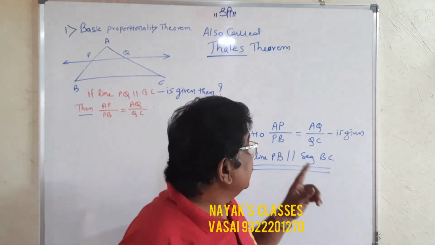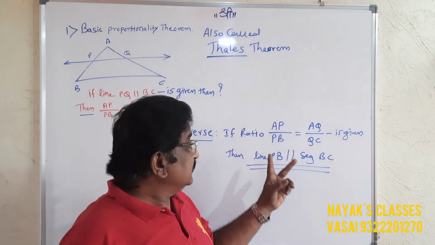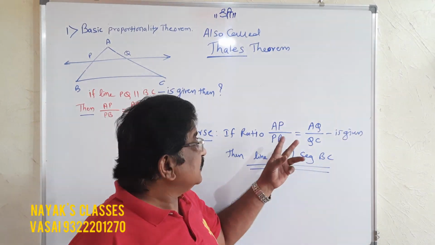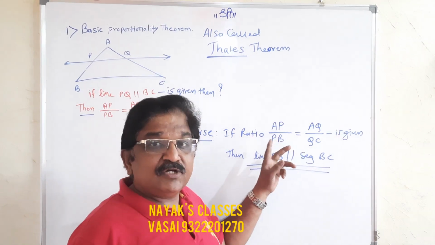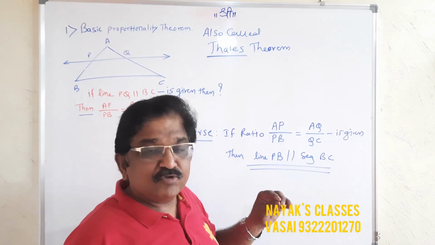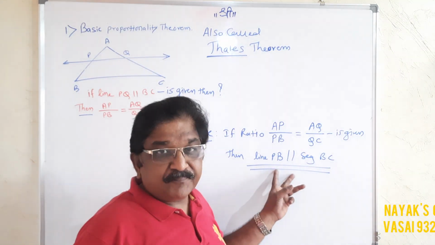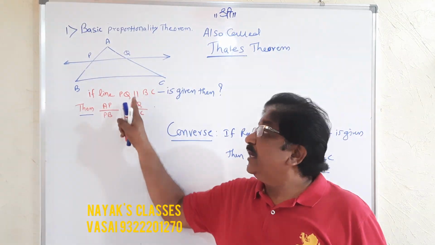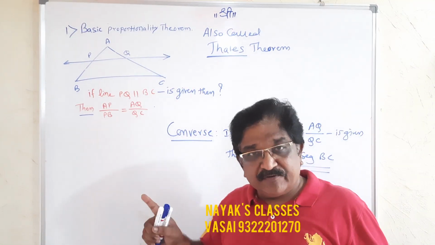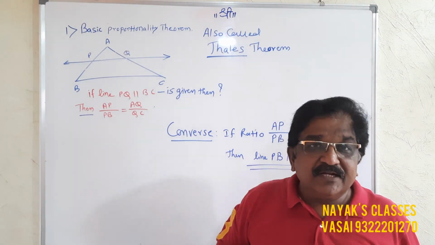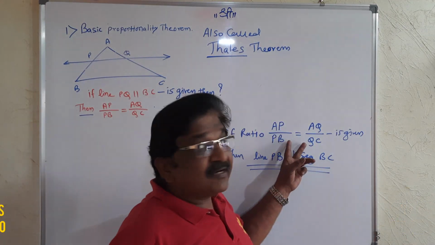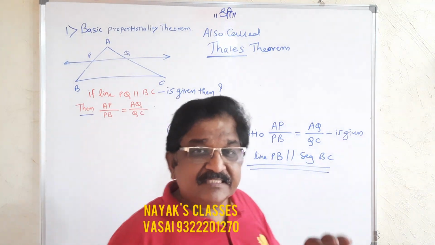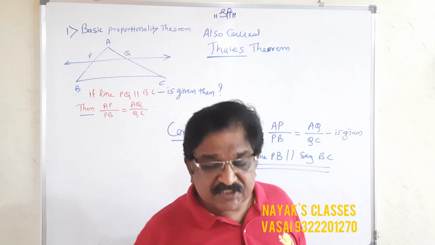If the ratios are equal, then the lines are parallel. Sometimes they will give you the ratio, and then you have to draw the conclusion that the lines are parallel. So this is the main property. When the line is parallel, the ratio is equal. The opposite of that, the converse, is if the ratio is equal, then the lines are parallel. This is simple BPT or Thales theorem.